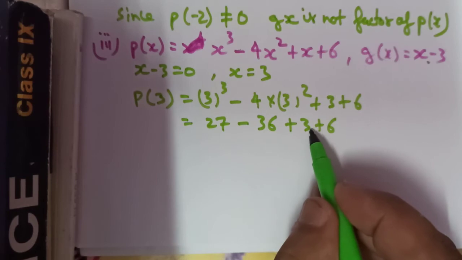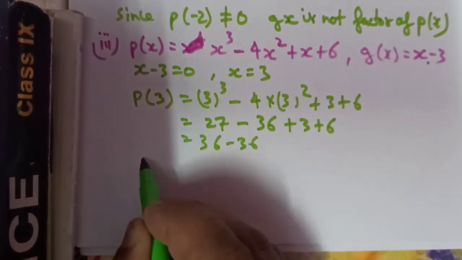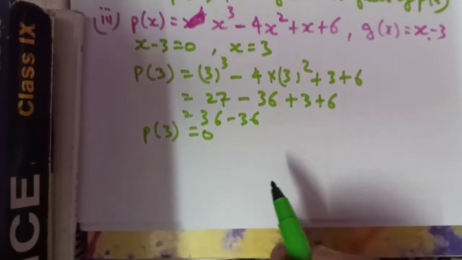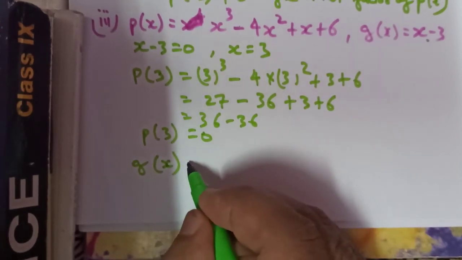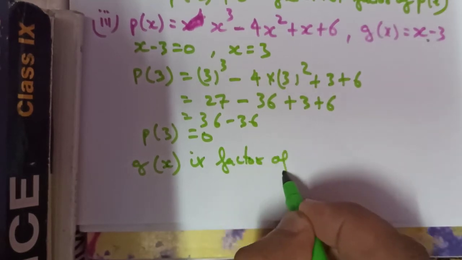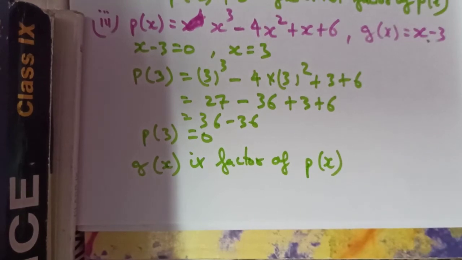So 27 plus 3 is 30 plus 6 is 36, 36 minus 36. So we are getting the value of P(3) equals to 0. Since the value of P(3) is 0, we say that g(x) or the divisor is the factor of polynomial p(x). So I suppose now the factor theorem must be clear to you.